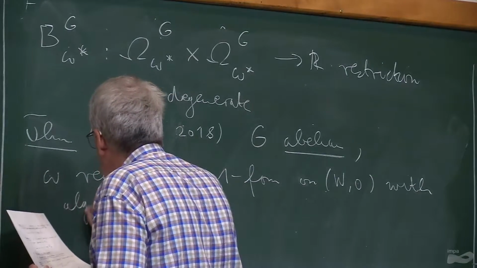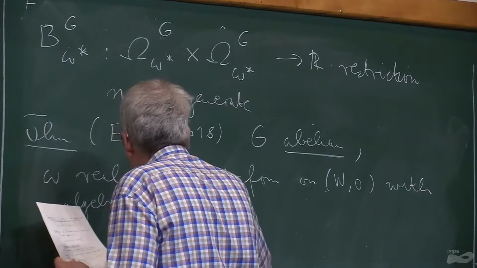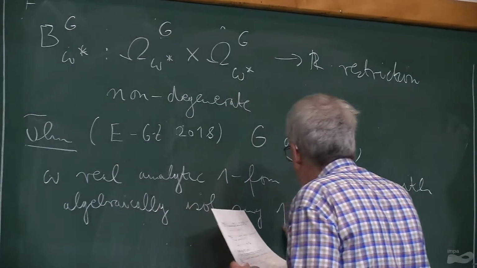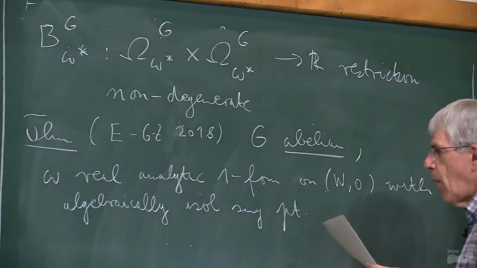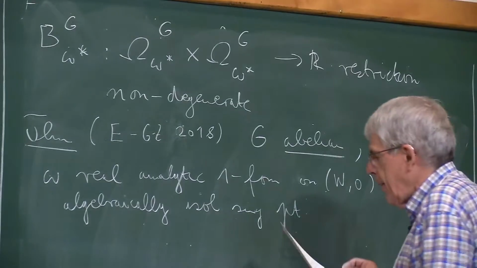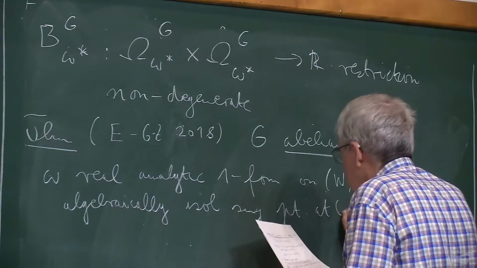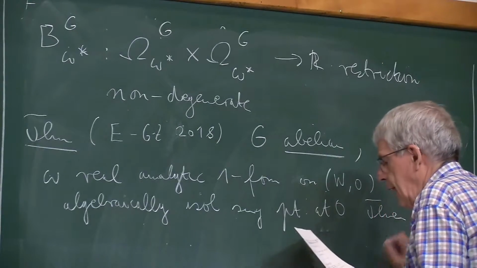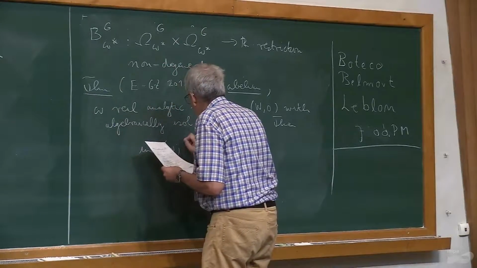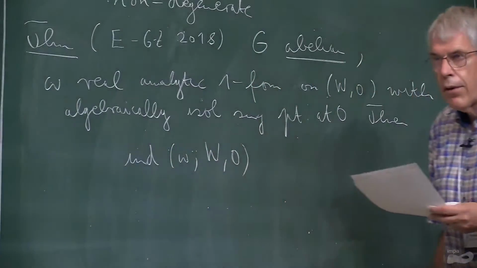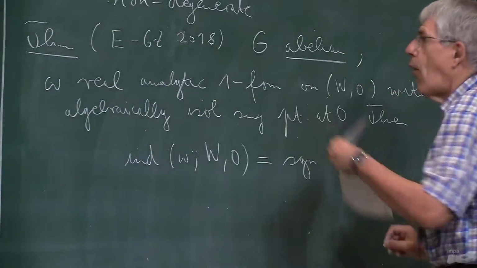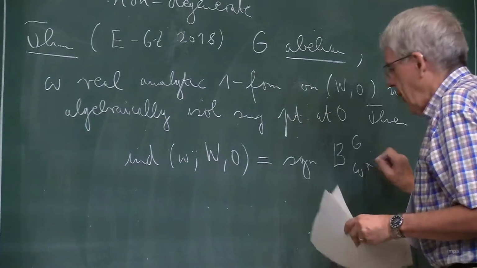When I'm talking about a one form, I mean the germ of a one form at 0. And then our result is that the index of omega on W, 0 is equal to the signature of this form B^G of omega star.